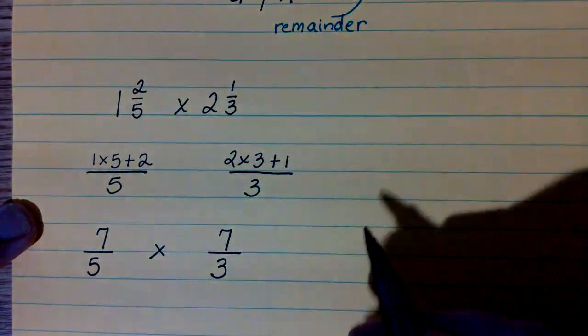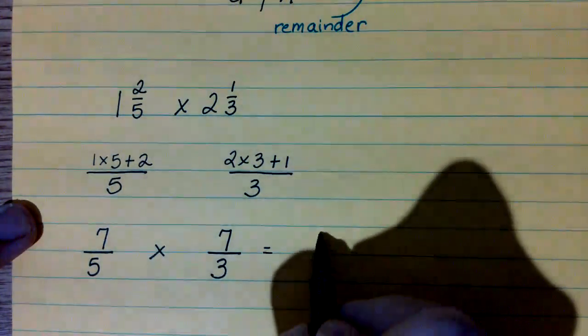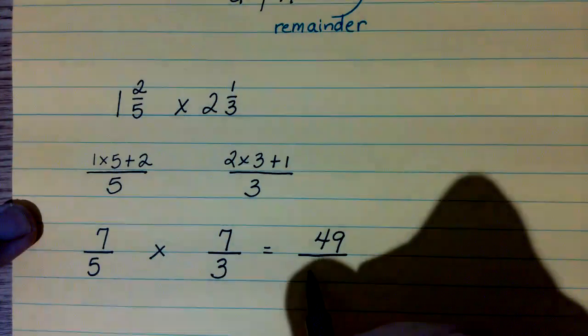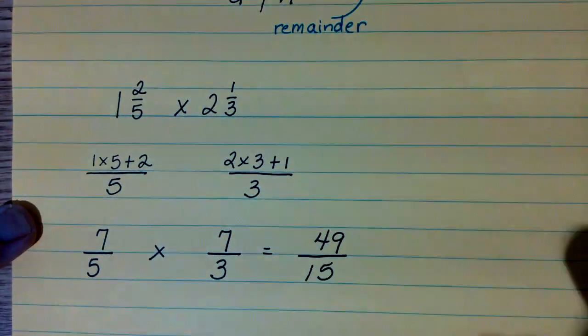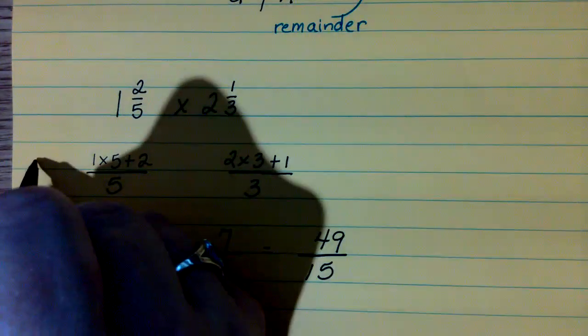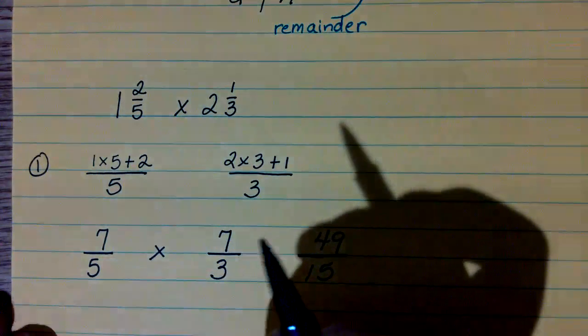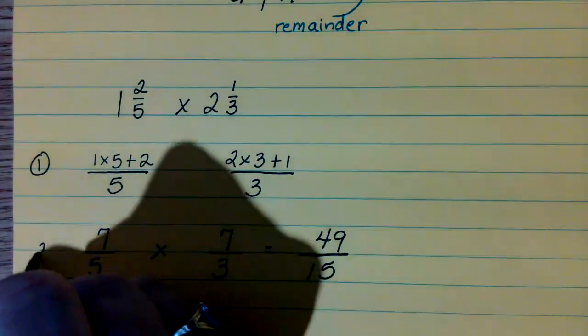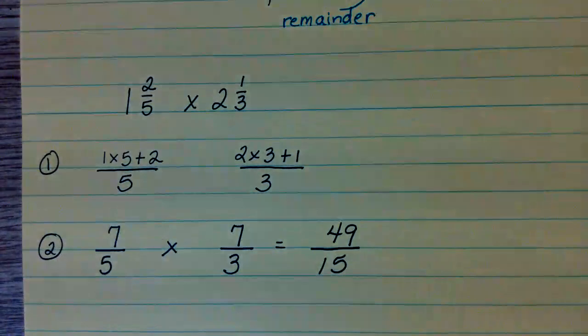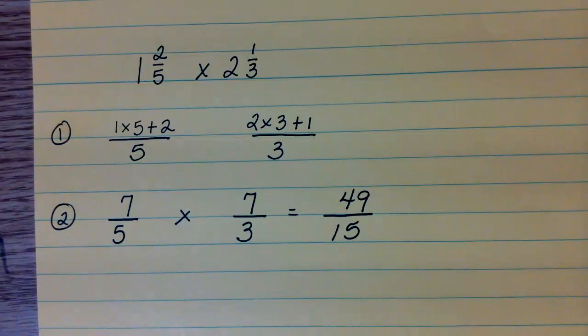Well, 7 times 7 is 49, and 5 times 3 is 15. That was step 2. So this is step 1. Step 2. And then step 3 is to turn it into a mixed number and then simplify if we can.